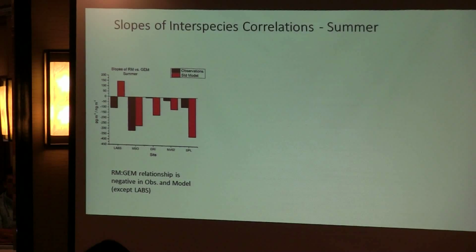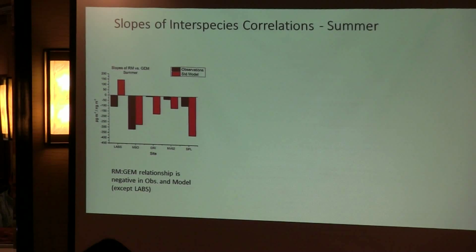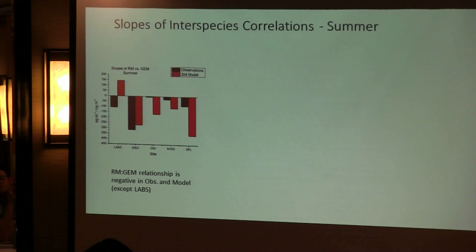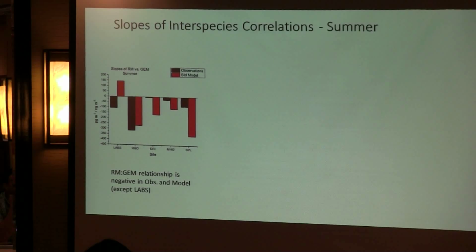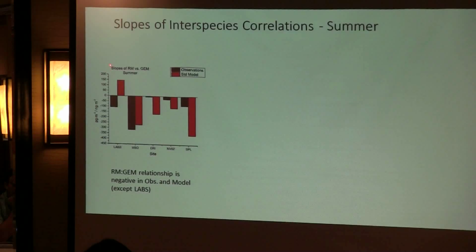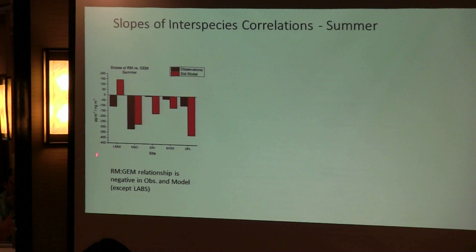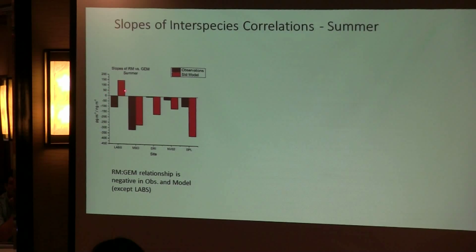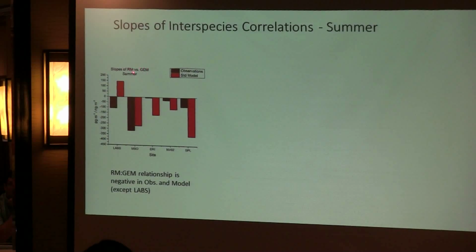What we wanted to look at was, do we see similar relationships between the chemical species in the atmosphere? So this is the summertime data only from the 5 sites. We had summertime data for all the sites. And what we see here are the linear regression slopes plotted as a function of site, both for the observations in black and for the model in red. For the summertime, this is reactive mercury versus elemental mercury.